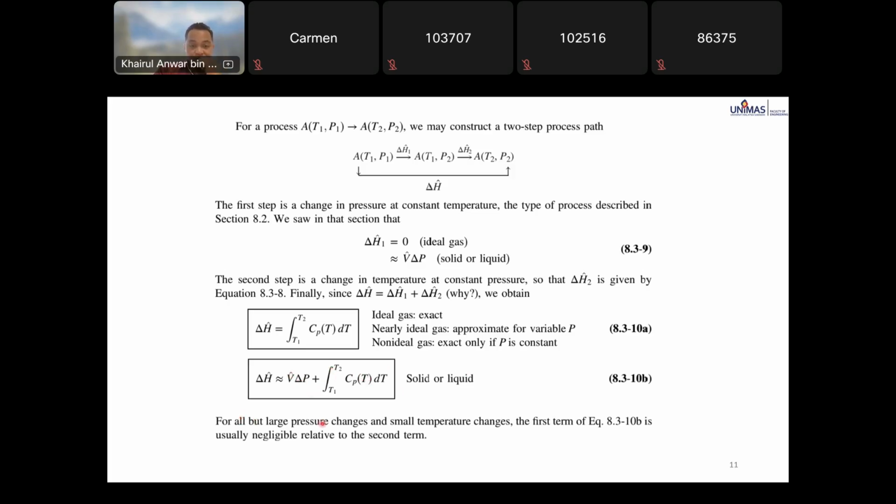For all but large pressure changes and small temperature changes, the first term of equation 8.3-10b is usually negligible relative to the second term. So for large pressure changes, we can actually assume the first expression is negligible.